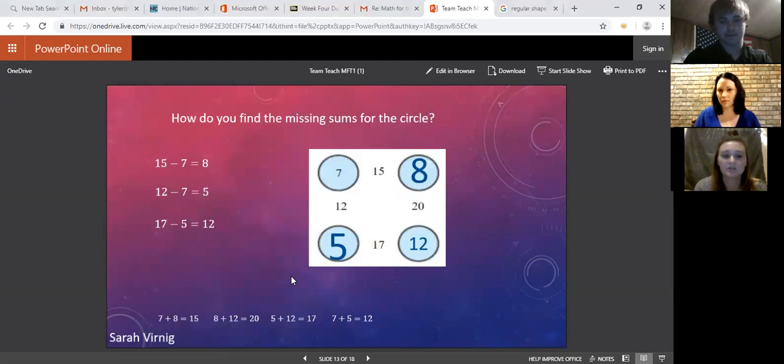Moving on to the bottom right, you take 8 and subtract that from 20 to get 12. Now the next one on the bottom left, you can do it 2 different ways. You can either take 15 minus 7 or 12 minus 7. Either way, you're going to get 5. And always go back to double check your math. So 5 plus 7 is 12, 7 plus 8 is 15, and 8 plus 12 is 20.